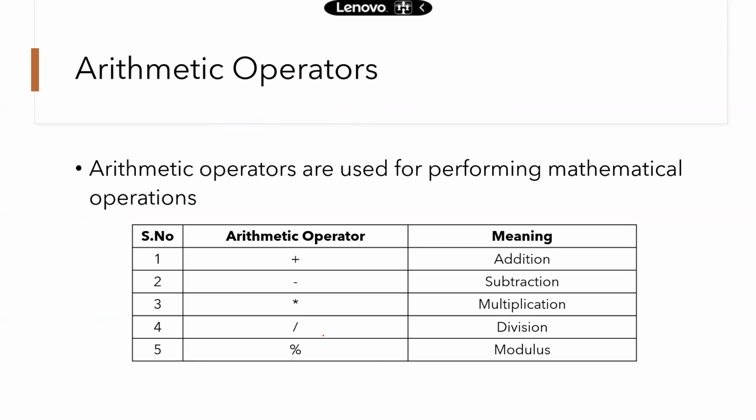Then there are arithmetic operators, which are plus, minus, star, slash, and modulus. This is your addition, this is subtraction, this is multiplication, this is your division, and this is your modulus. Now, modulus is more of a remainder sort of thing, right? So if you want to find out a remainder, you can use a modulus.